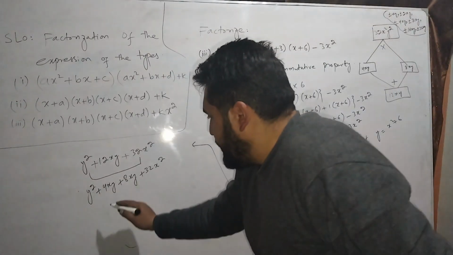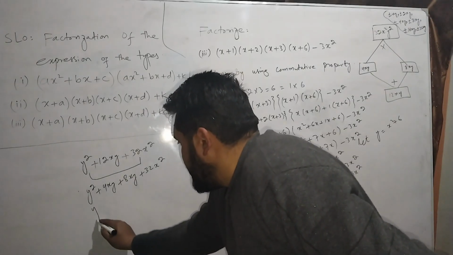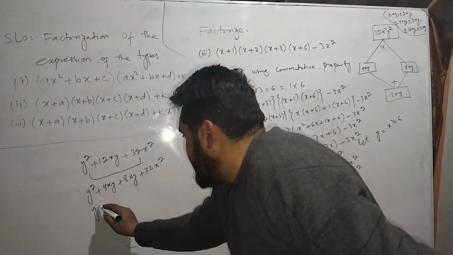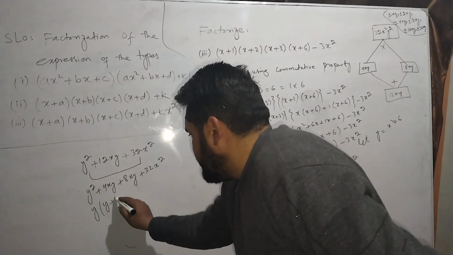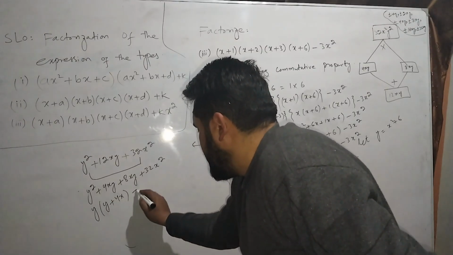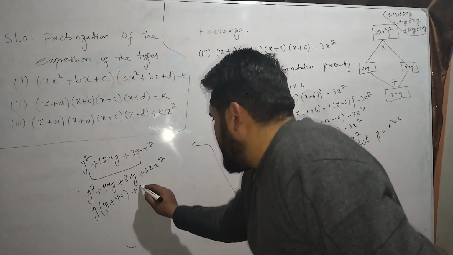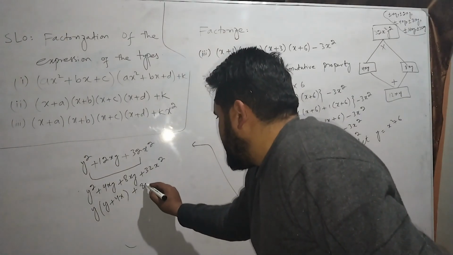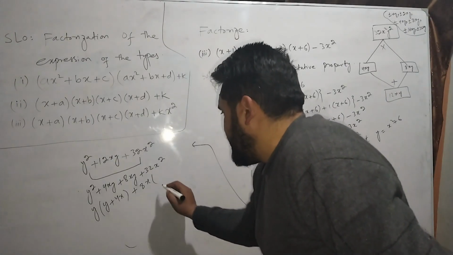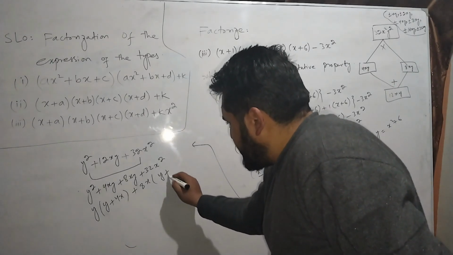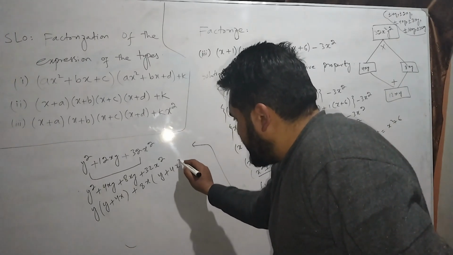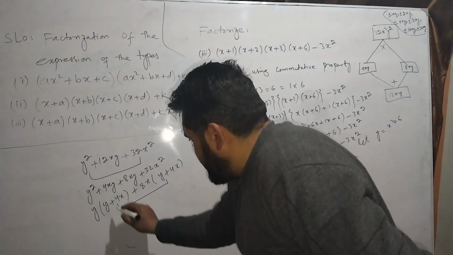Okay, now factorize it. Common from these two terms, that is y. Here y plus 4x, plus here 8x is common, so y plus 4x. So these two are same.